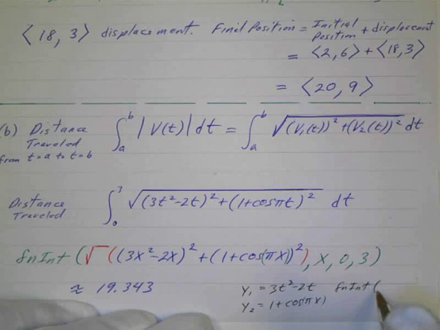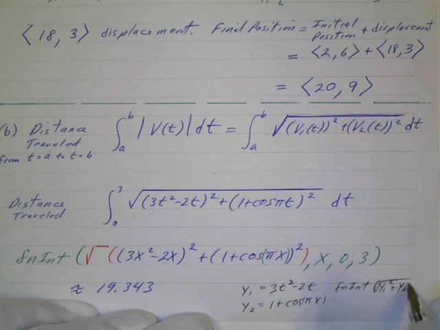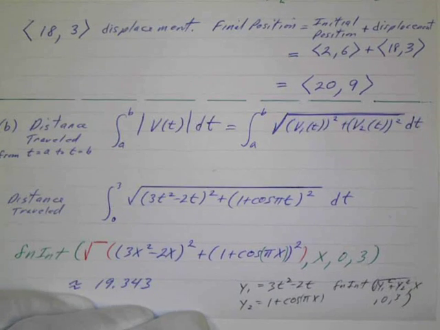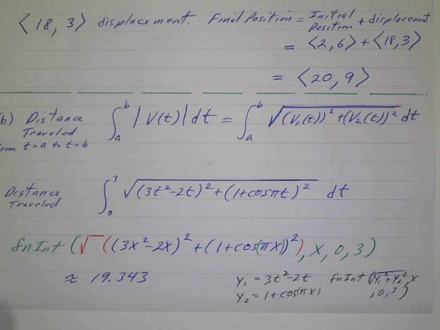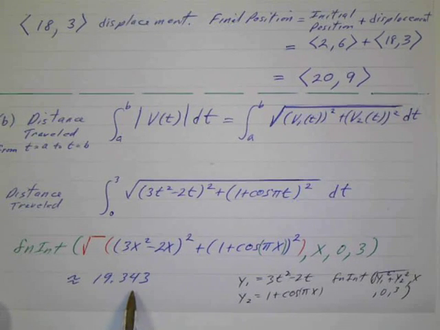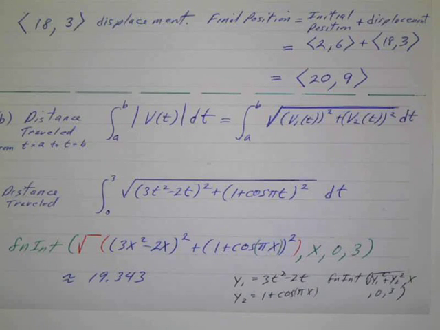And I would just have the square root of y1 squared plus y2 squared, comma x, comma 0, comma 3. And you could do it like that. That might be a little bit easier. Or you could do it like this. Either way, you're going to get about 19.343, and that's your distance traveled.